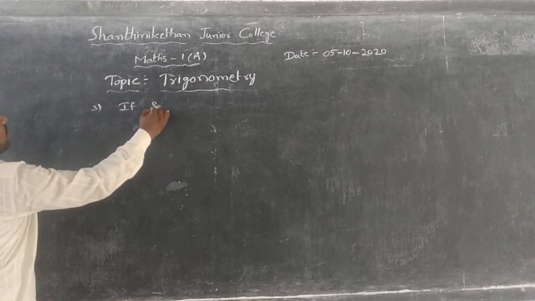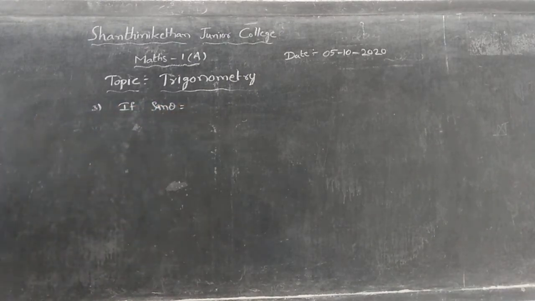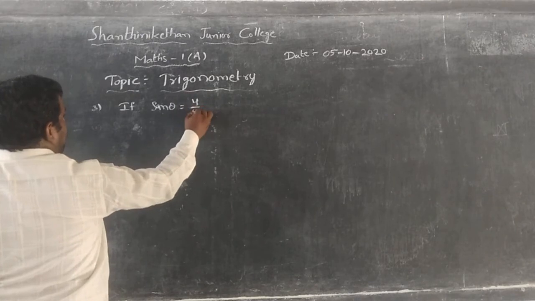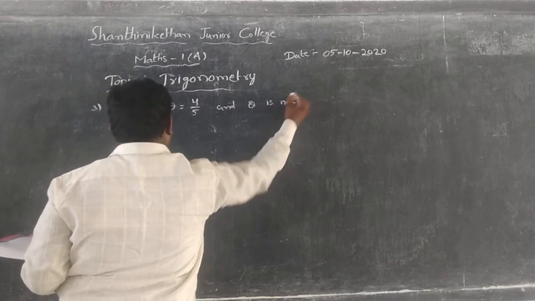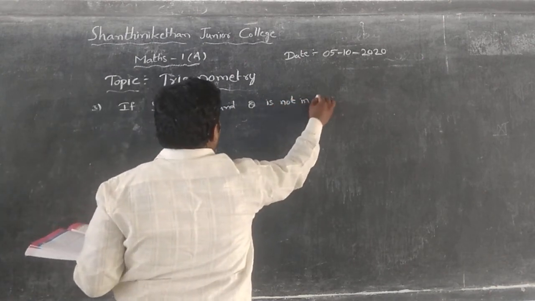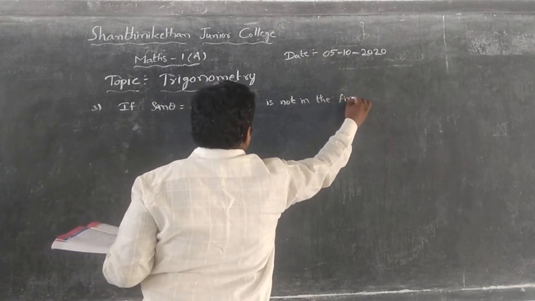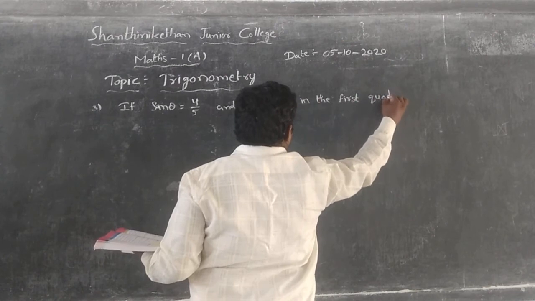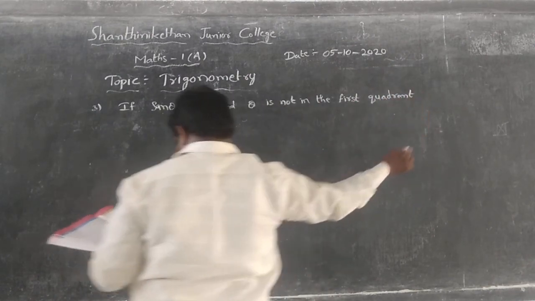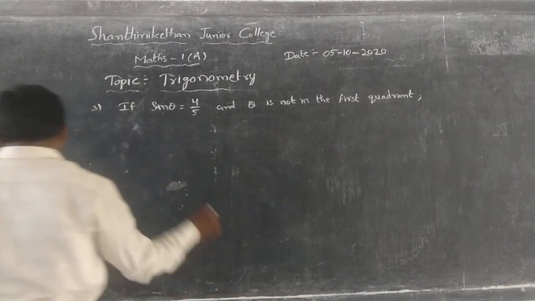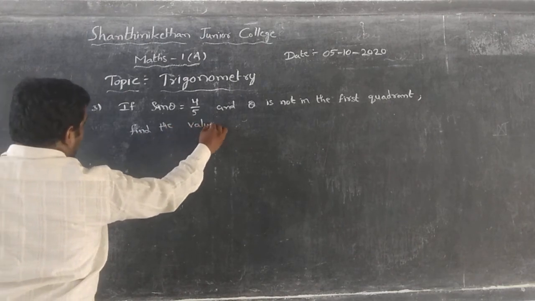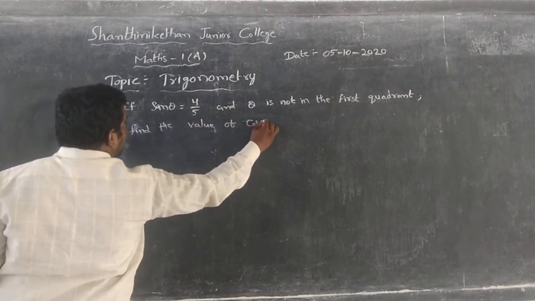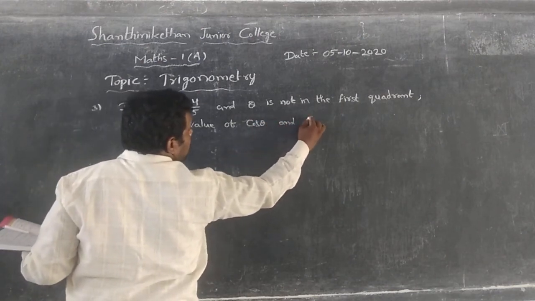If sin theta is equal to 4 by 5 and theta is not in the first quadrant, find the value of cos theta and tan theta.